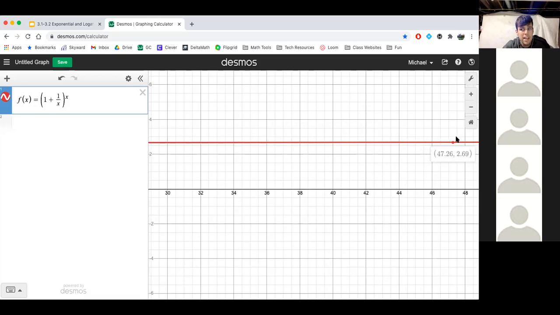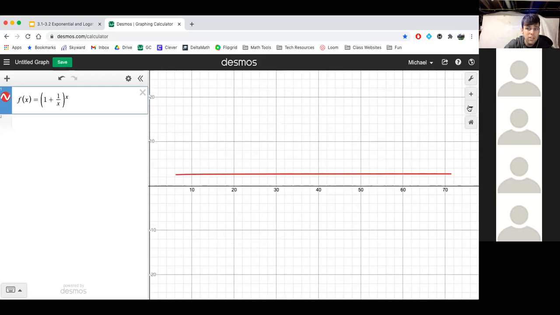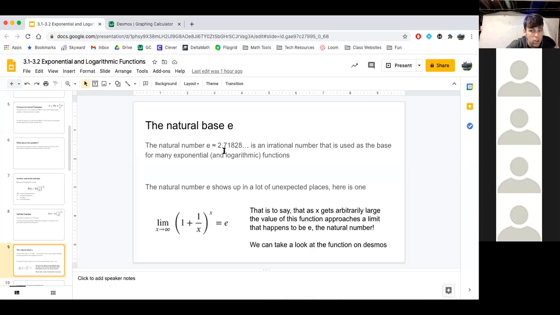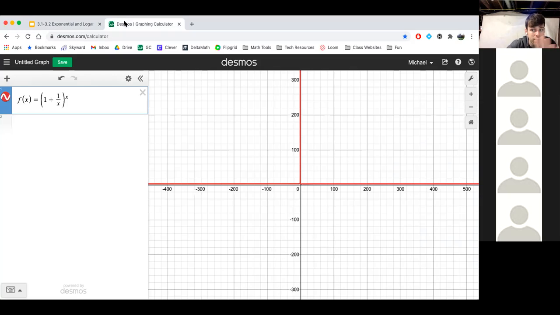But you can see that it is flattening out. It's not growing very much, and the output values are relatively close. So let's zoom way out till we start to get some really big numbers here. All right, 500. At 500, we're already pretty close. Remember, E is 2.71828. Keeps going from there, but this is 2.7818.